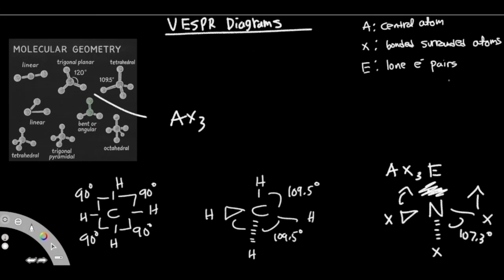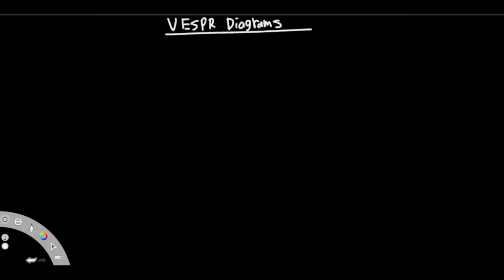Now let's have a look at the different types of shapes. We'll start with a linear. And for the linear shape, this is something you need to memorize. It is going to be an AX2. Now, how does that AX2 look?